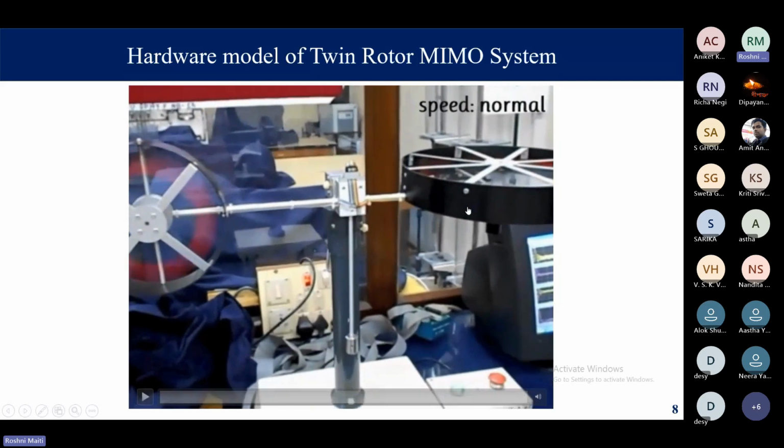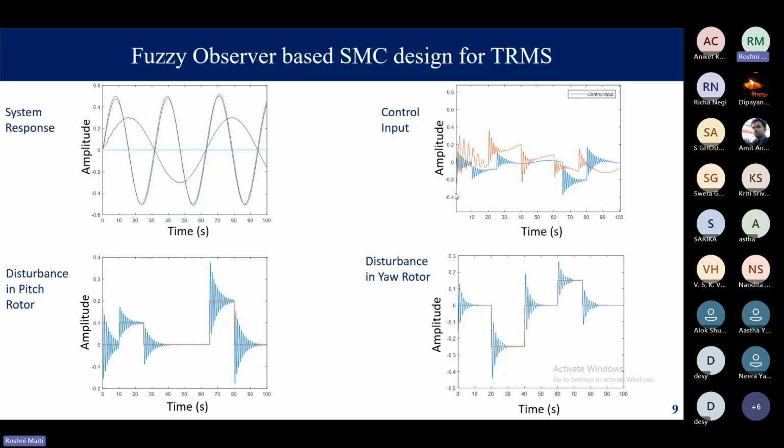This one is the pitch rotor and this one is the yaw rotor, and our main aim is to control those two by eliminating whatever disturbances are present in the system. For this we have designed a fuzzy observer based sliding mode controller for this twin rotor MIMO system.